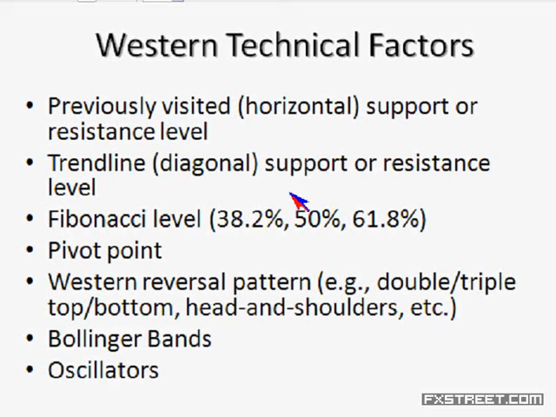We have trend lines. This is diagonal support or resistance. We have Fibonacci levels, also support and resistance, especially the key numbers like the 38.2, 50, 61.8 on the retracements, and then we also have the extensions, etc. Pivot points, if you use them, are also just another representation of support and resistance.